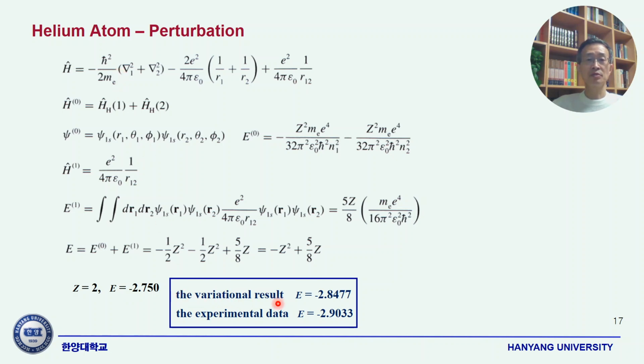The variational result, at the same level and same flexibility, was minus 2.8477, which is much better compared to this. When you treat capital G as a variational parameter, you could improve this much, but as a first order perturbation treatment, you obtain just this one.